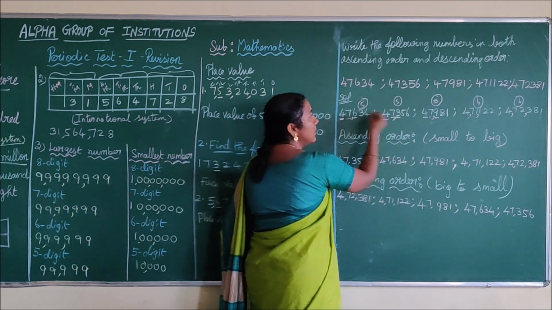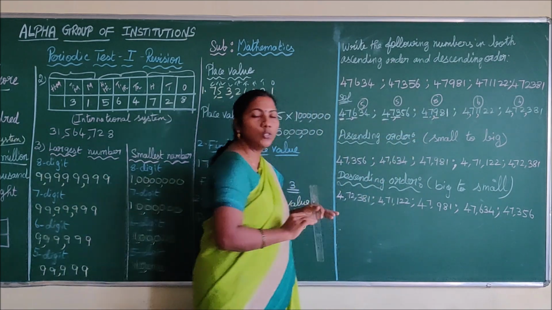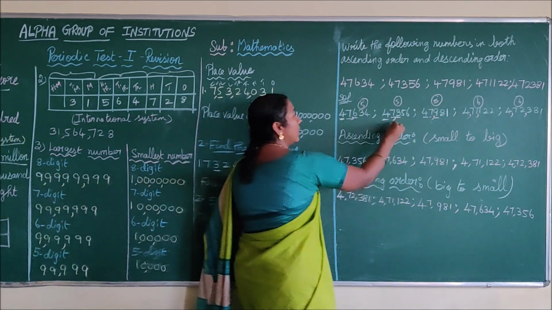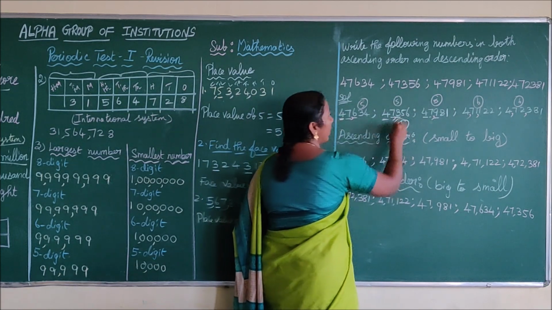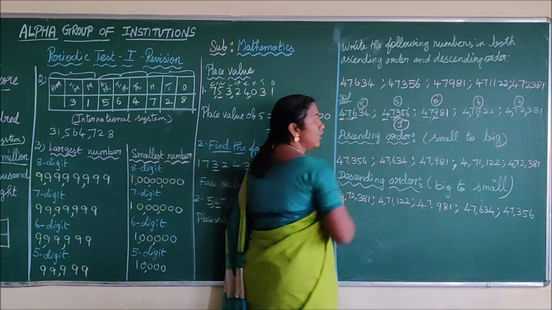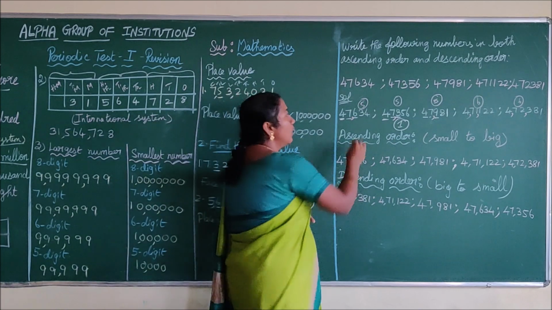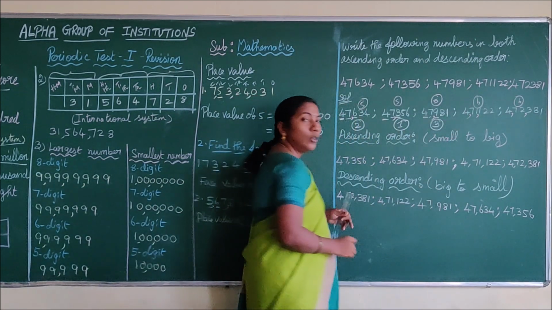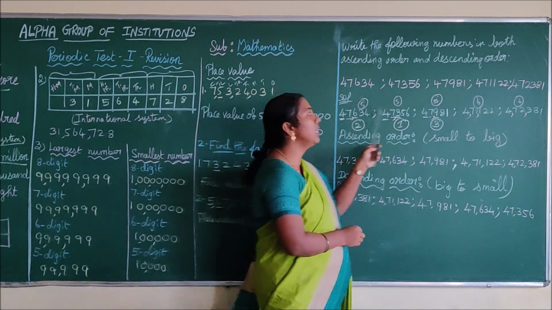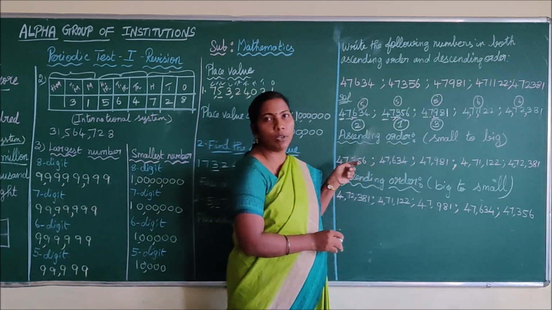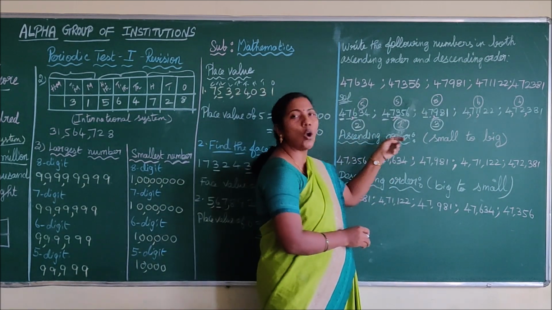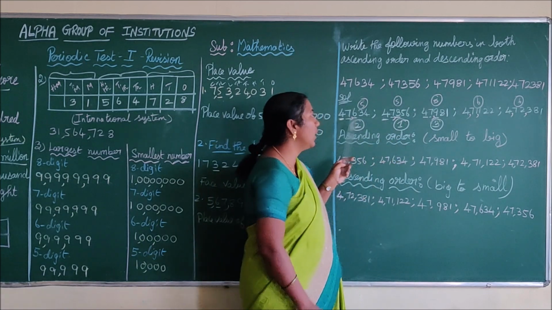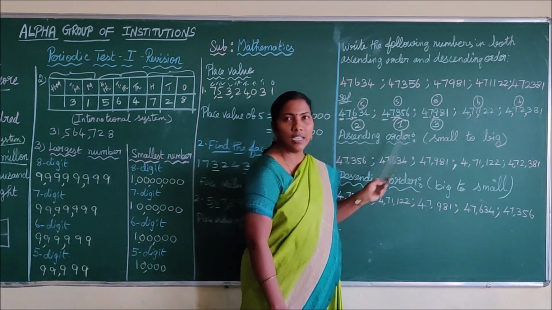Among 6, 3, 9, which is the smallest? 3. So this number is going to be your first number. Of the remaining 6 and 9, which is smaller? 6. So this is your second number and this is your third number. By counting the digits, we can easily arrange the numbers, children. So definitely you have to count the digits. Thus we have found the first 3 numbers in ascending order.